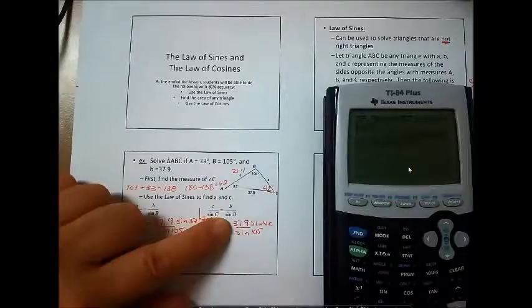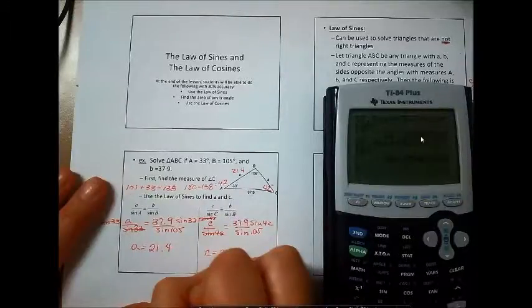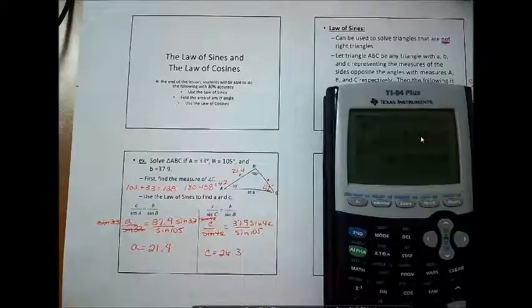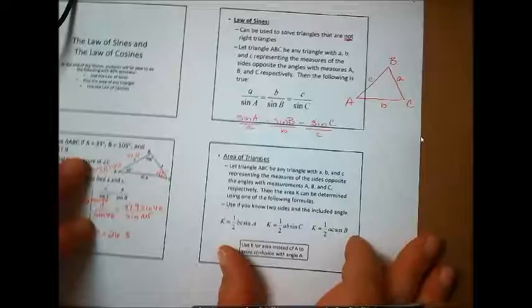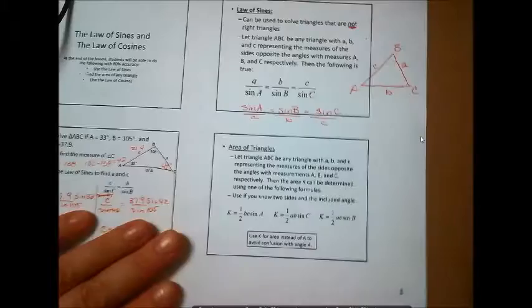And then divide by sine 105, and we get 26.25, which rounds to 26.3. There you go.